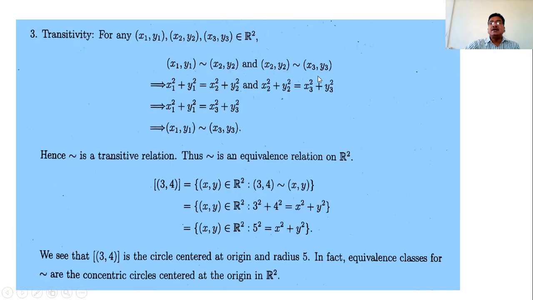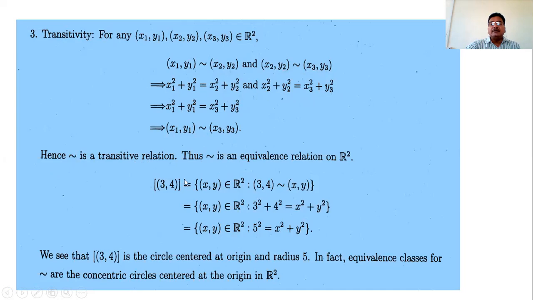And (x2, y2) is related to (x3, y3) means x2 square plus y2 square is equal to x3 square plus y3 square. From these two equations, very obviously we have x1 square plus y1 square is equal to x3 square plus y3 square. This means (x1, y1) is related to (x3, y3), and therefore the relation is transitive.